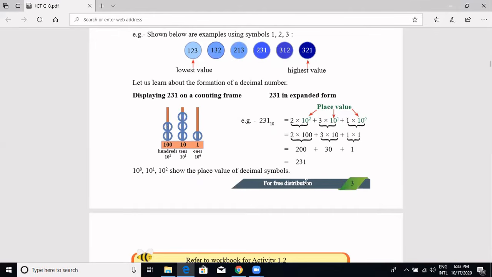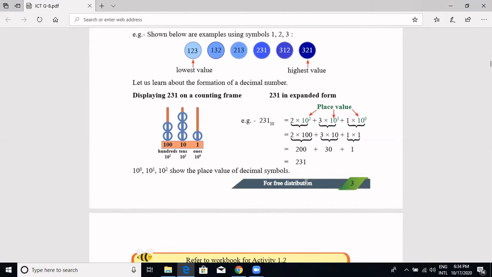Understood? So in this decimal system, the place values are 1, 10, 100, 1000, like that. Only powers of 10 come. So you know 10 to the power 0 is 1. In maths you may have learned this now. Remember 10 to the power 0 is 1.